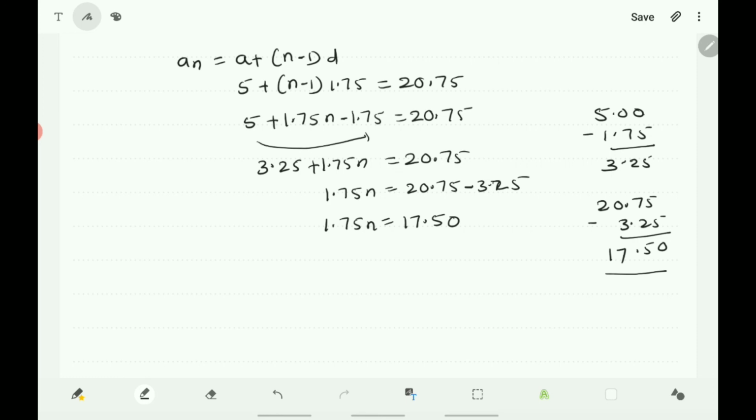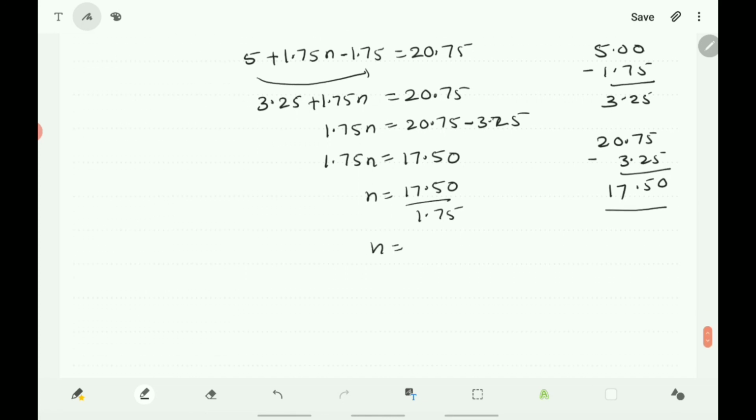Then N is equal to 17.50 by 1.75. Here 2 digits are there after the decimal point, and here also 2 digits are there after the decimal point.